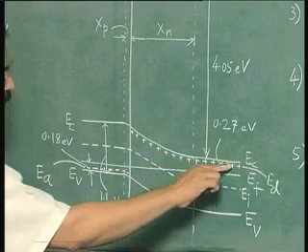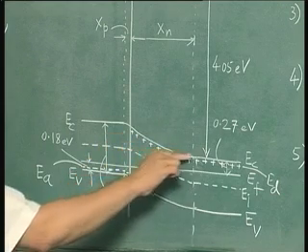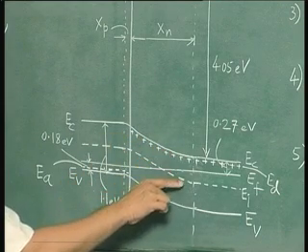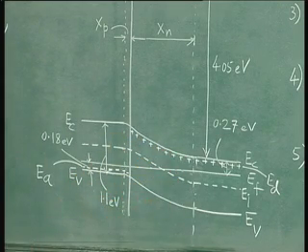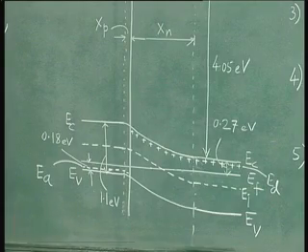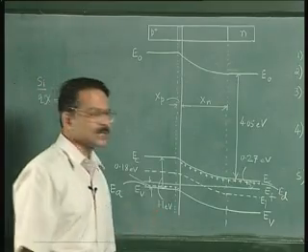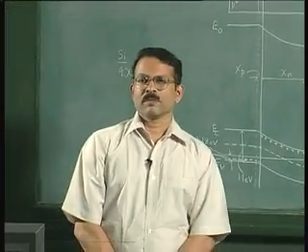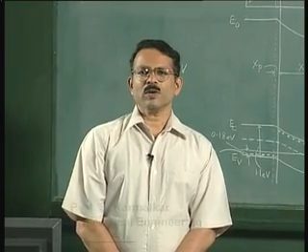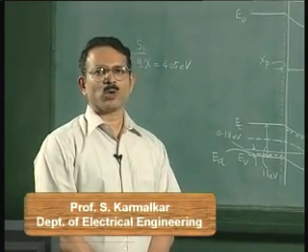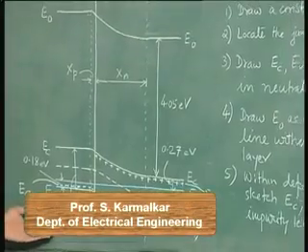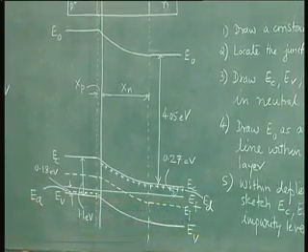So the donor level is also going to bend like the conduction band edge and other levels like EI and EV. So with this the energy band diagram is complete. So this is how an energy band diagram will look like when drawn to scale for a silicon PN junction.